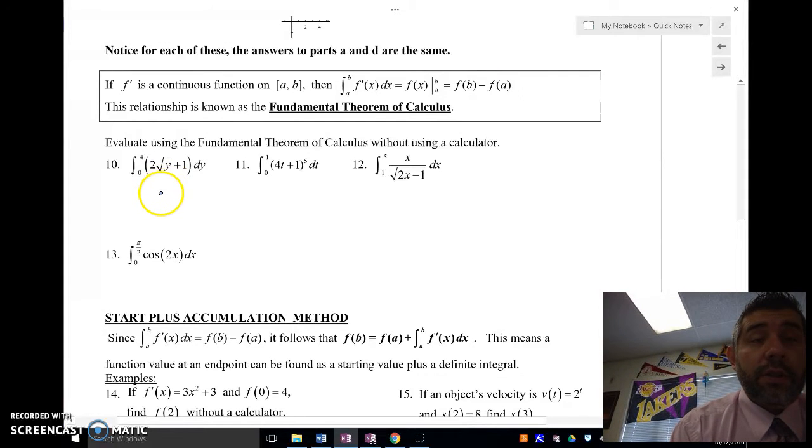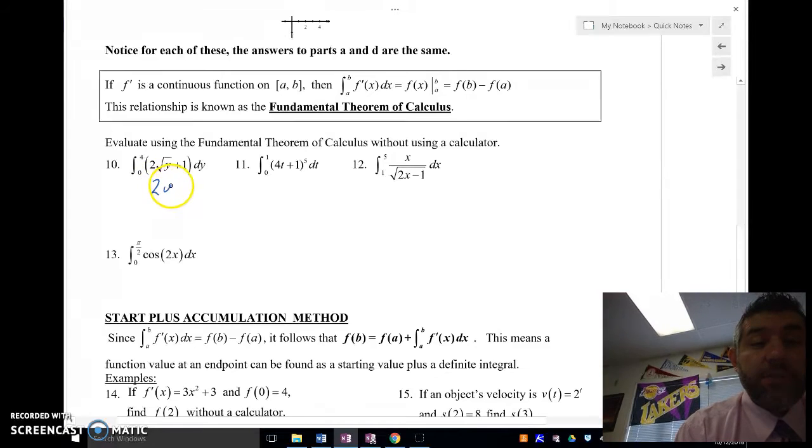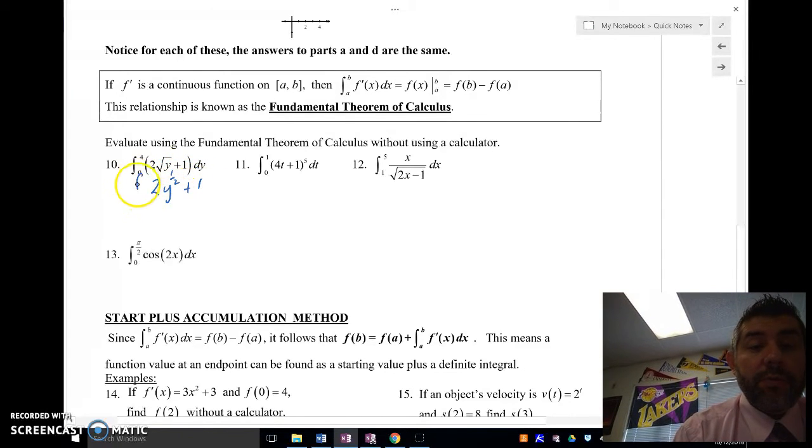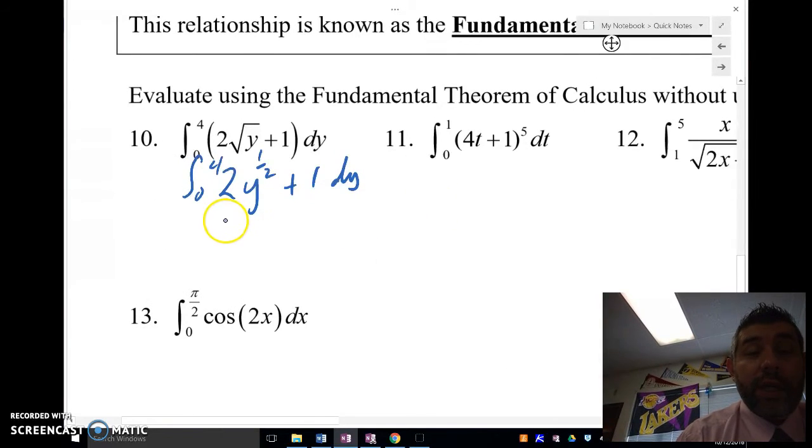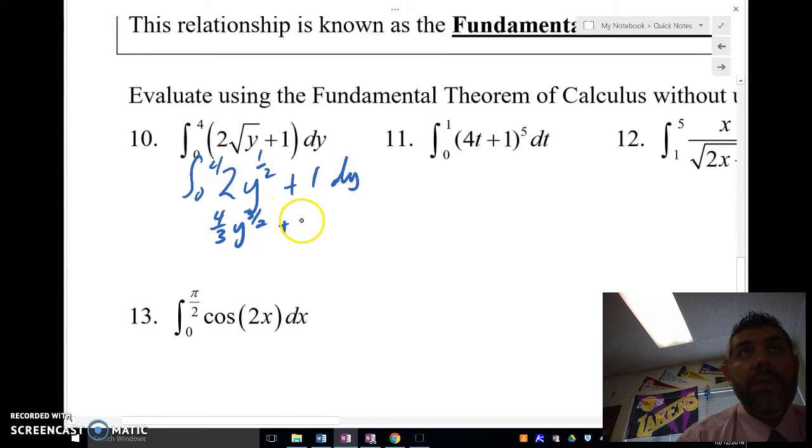We're going to do the antiderivative of this. This is 2y to the 1/2 plus 1, and we'll do the antiderivative. Why don't I zoom in here so you guys can see it a little better. Then we're going to get 4/3 y to the 3/2 plus y. Usually I put a line here to say I'm going to evaluate it from 0 to 4.